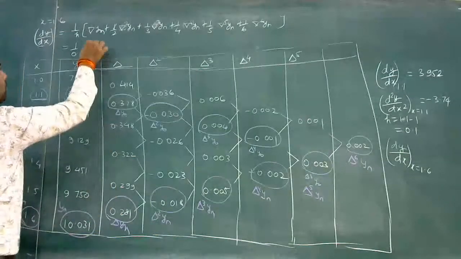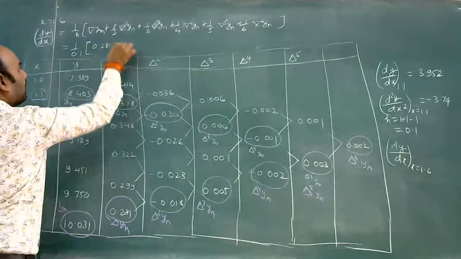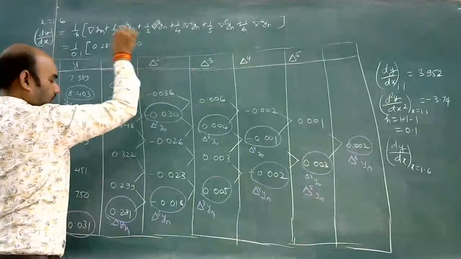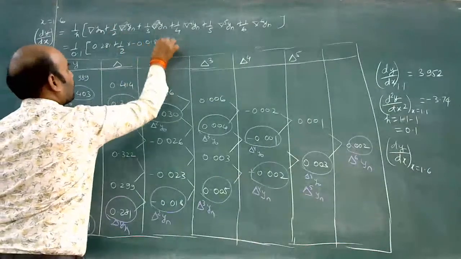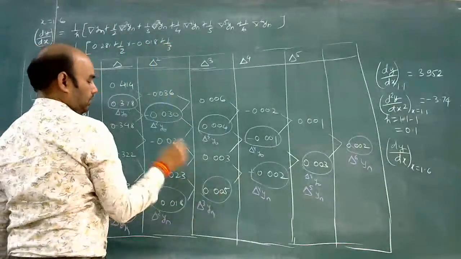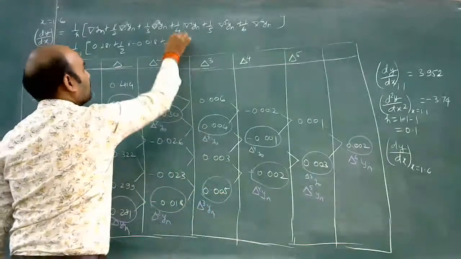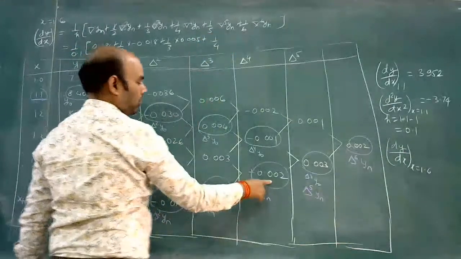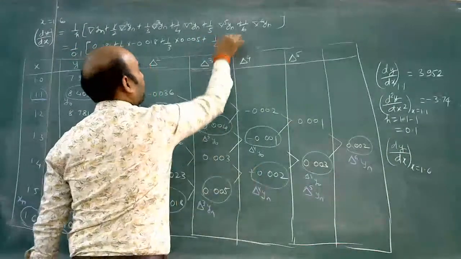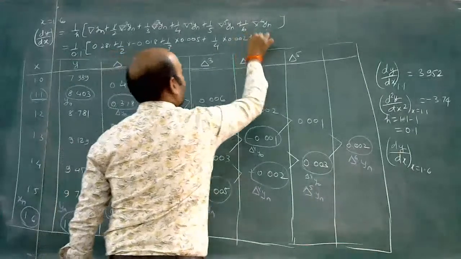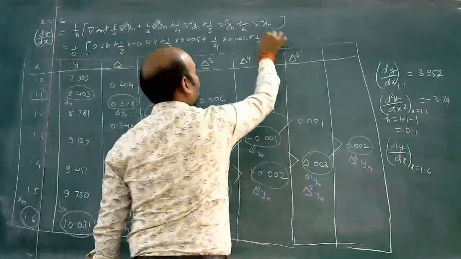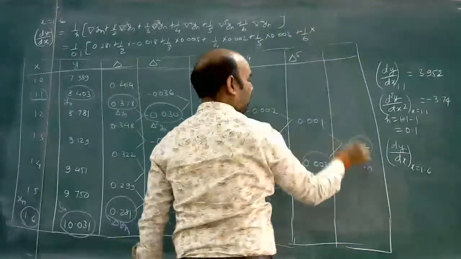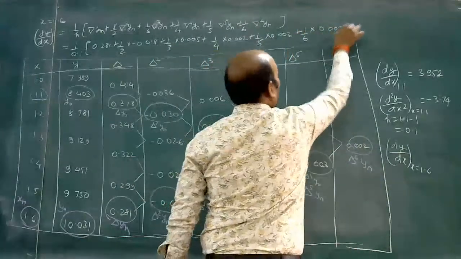Del yn is 0.218 plus half into del square yn, which is minus 0.018, plus 1 upon 3 del cube yn, so this is 0.005, plus 1 upon 4 del to the power 4, which is 0.002, plus 1 upon 5 into 0.003, plus 1 upon 6 into 0.00.